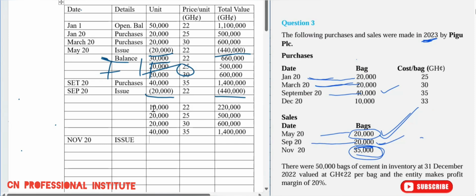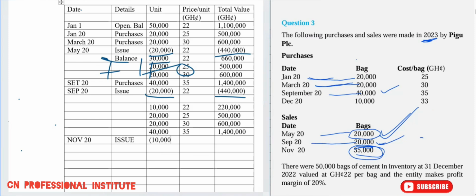Are you following? So we'll sell all these 10,000, sell all these 20, making 30. Then we come and sell the 5 from this. So the 35,000 that we are selling, we'll divide it.